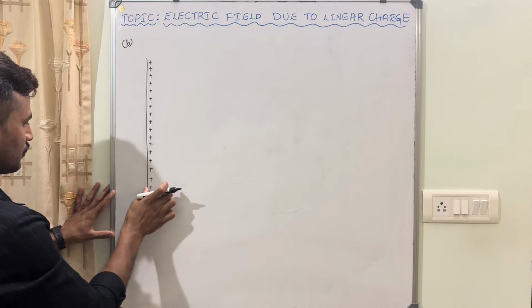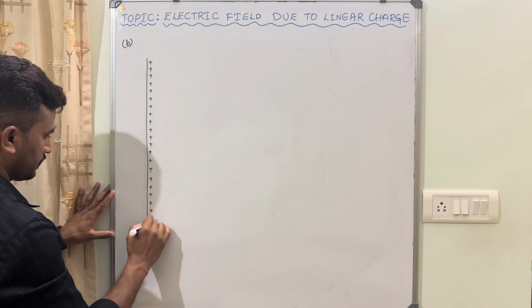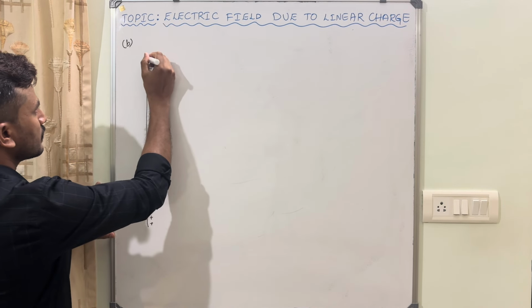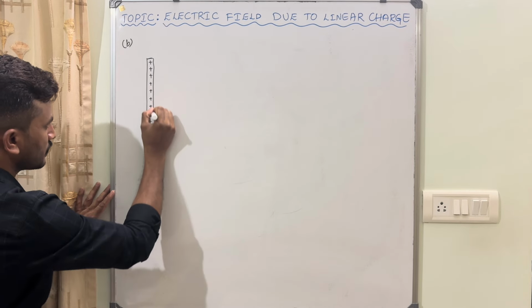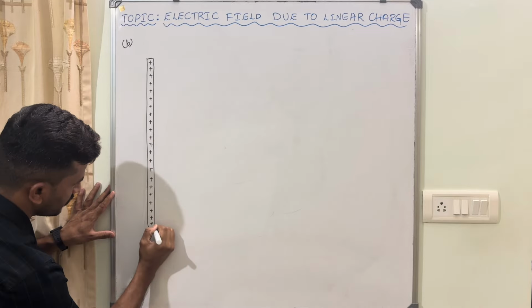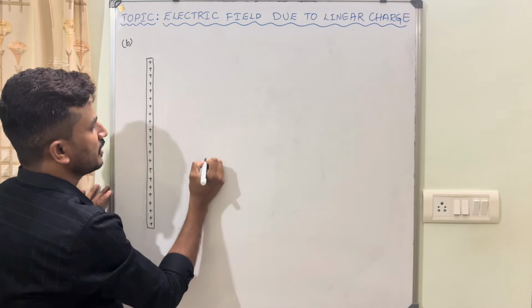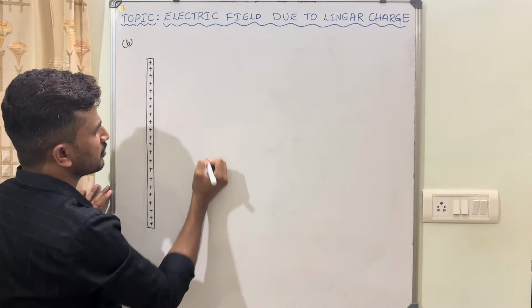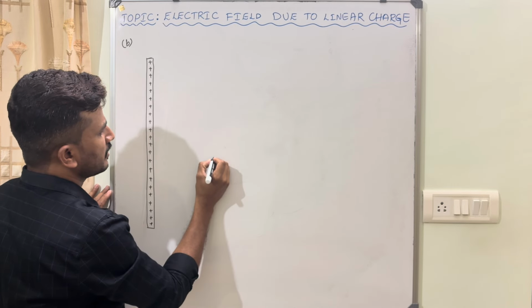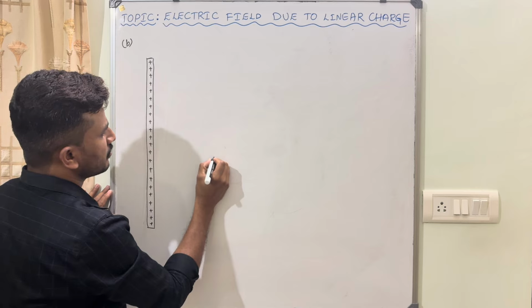So along this, what is the electric field here? Some random point here also, here also, here also. You can consider it anywhere, not exactly at the center. You can also consider here.